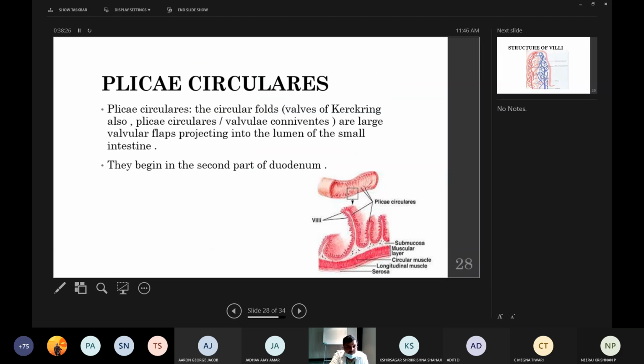Plica circularis, or circular folds, also called the valves of Kerckring, are large valvular flaps projecting into the lumen of the small intestine. They begin in the second part of the duodenum.